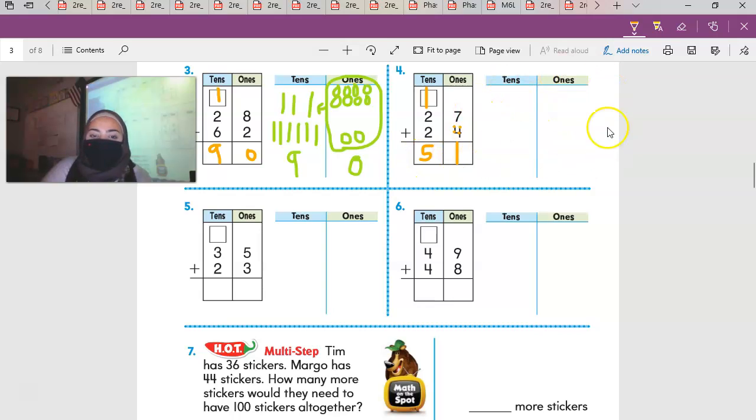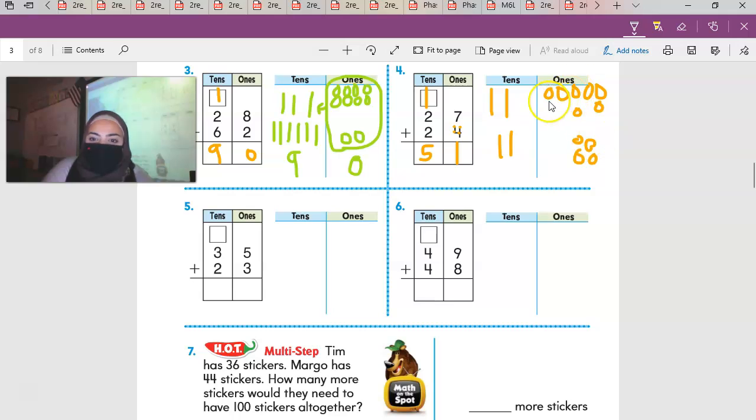Miss Yusuf, do I have to do it with the blocks? Yes, you do. So, 2 10s, 7 1s. 1, 2, 3, 4, 5, 6, 7. Now we have 4 1s. 1, 2, 3, 4. And we have 2 10s.